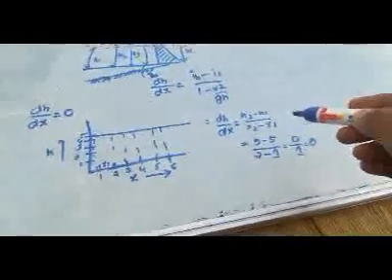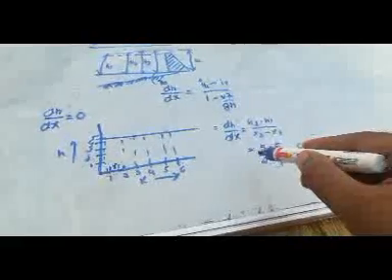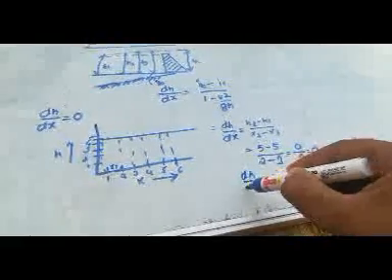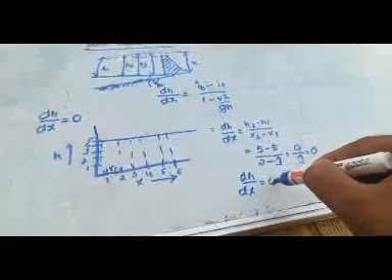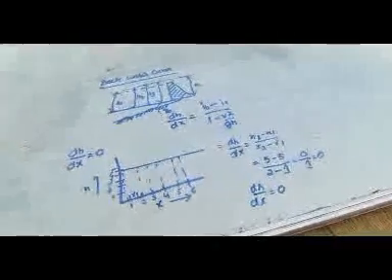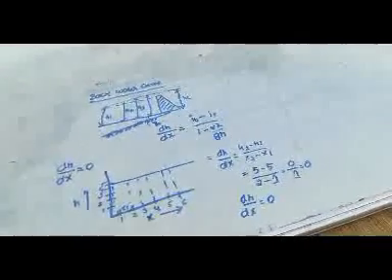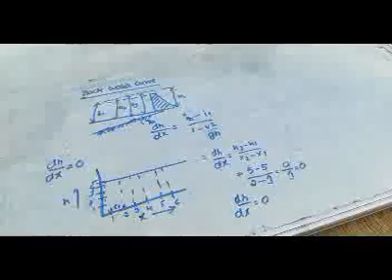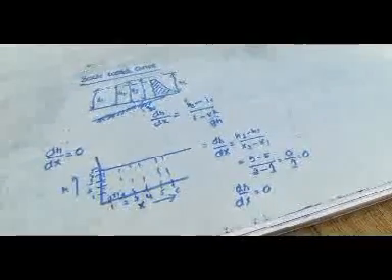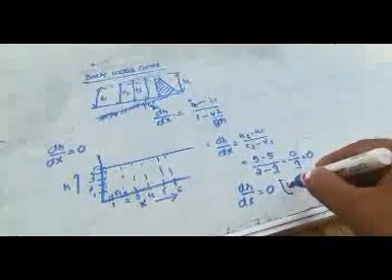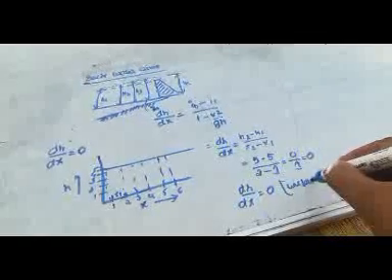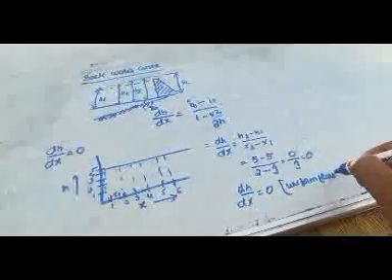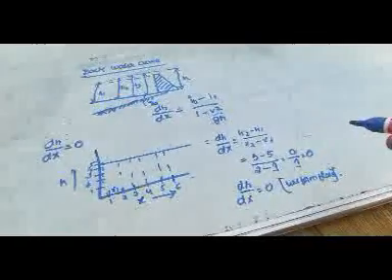So dh by dx is equal to 0. It means that flow is called uniform flow. So there is no change that will happen. So that we can say uniform flow. So no changes will happen in backwater flow.